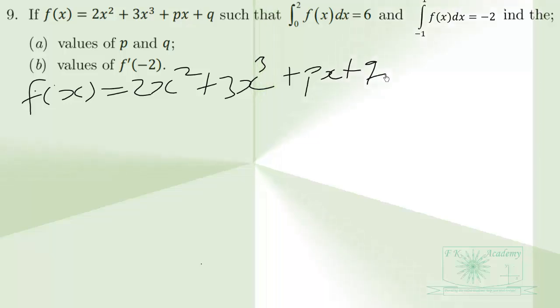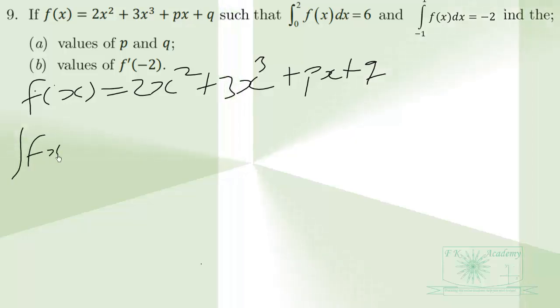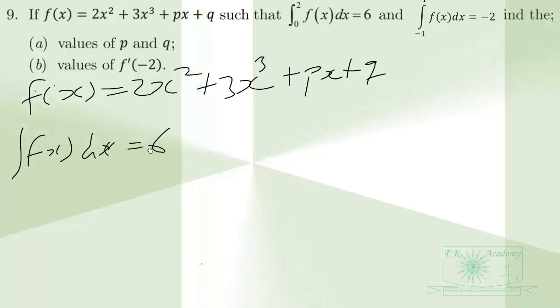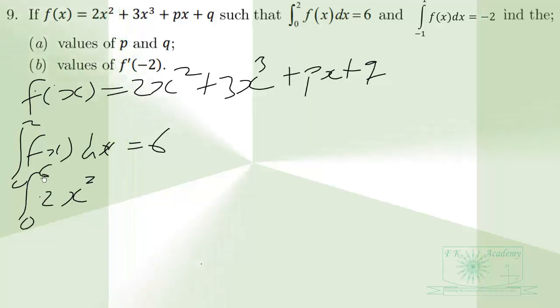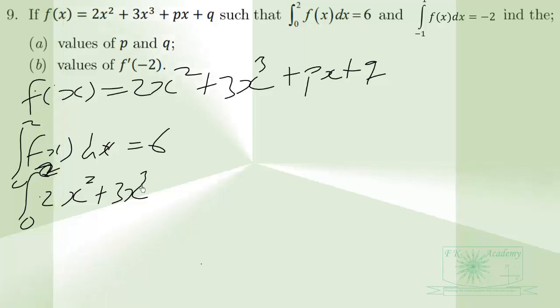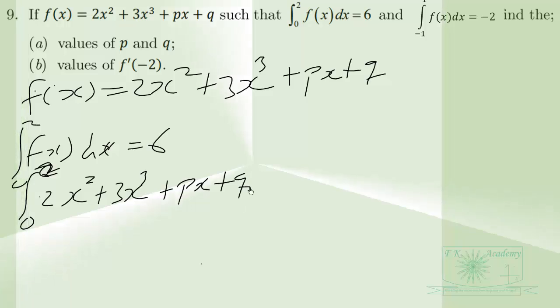When we integrate this, the integral of f of x dx equals 6, which implies that we are integrating from 0 to 2 of 2x squared plus 3x cubed plus px plus q dx is equal to 6.